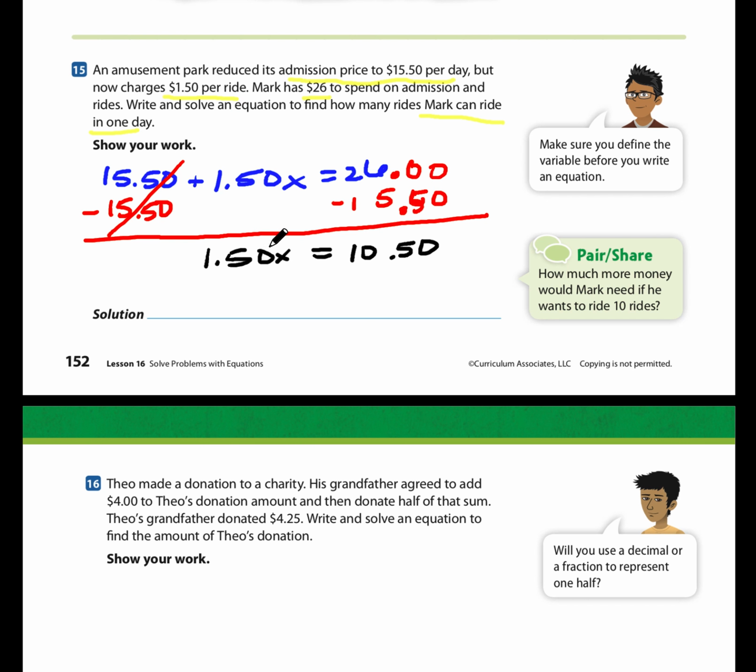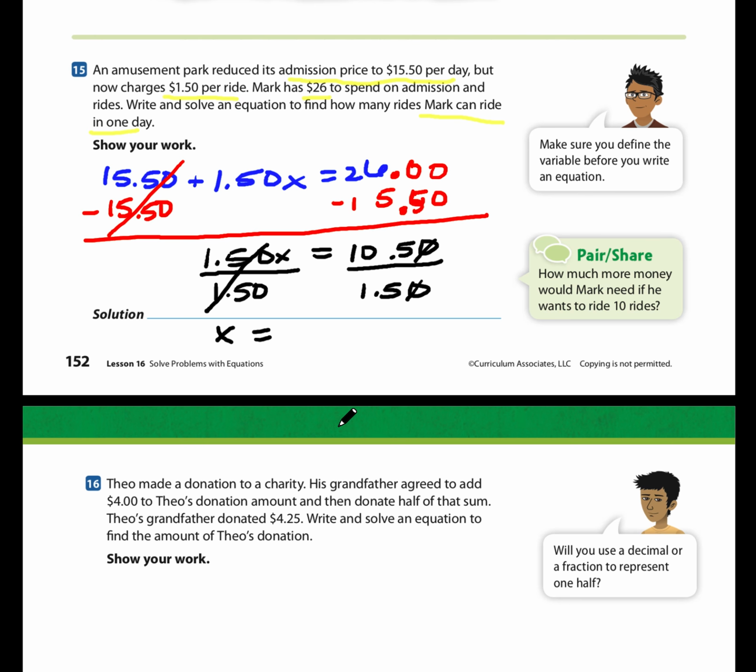All right, now we need to get this x by itself, but it's being multiplied by 1.5 or $1.50. So we need to divide this by $1.50. What you do to one side, you do to the other. The $1.50s over here cancel, leaving me with x equals. Remember your little zero rule. You can get rid of those zeros if you want.